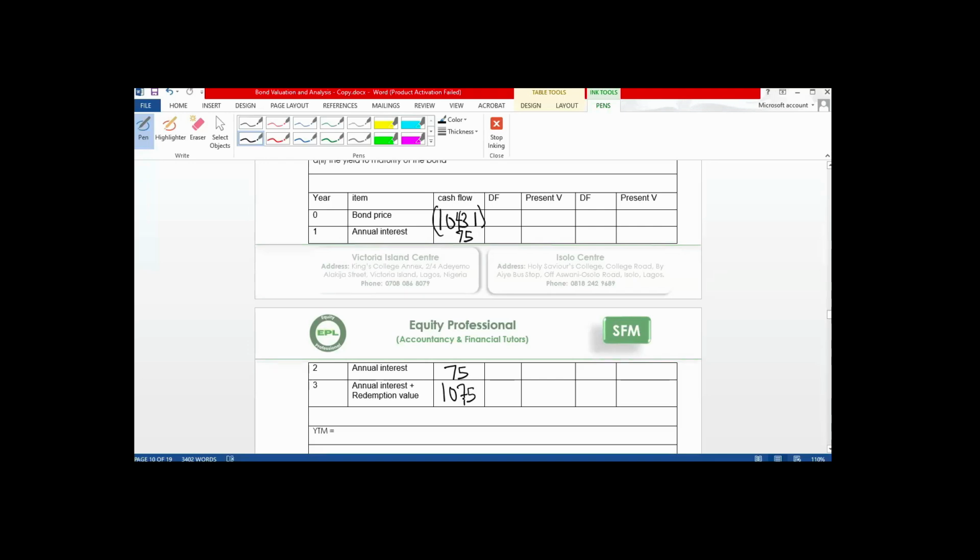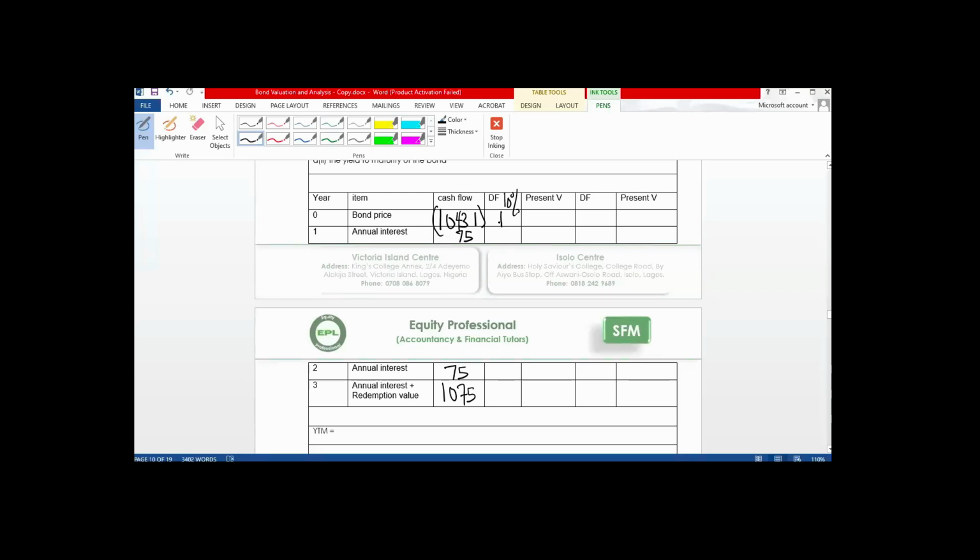We need to get the internal rate of return of these cash flows. In the usual manner, you are going to assume a discount rate. Any assumption? 5%, sir. Okay, let's start with 10%. Now find the discount factor at 10%.